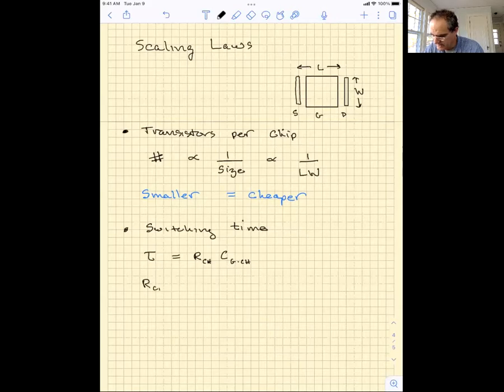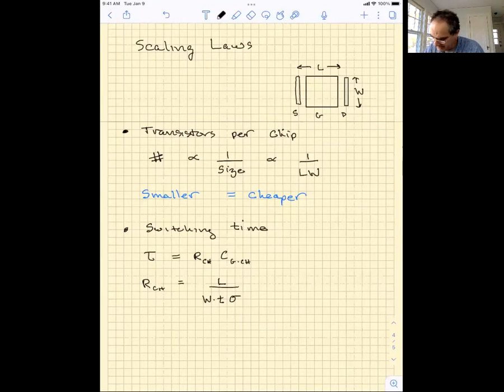The resistance of the channel, it's easy to work out, is equal to the length divided by the cross-sectional area, that's W times the thickness, T, and divided by the conductivity of the material, okay?